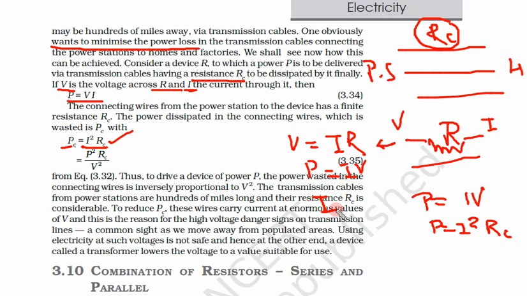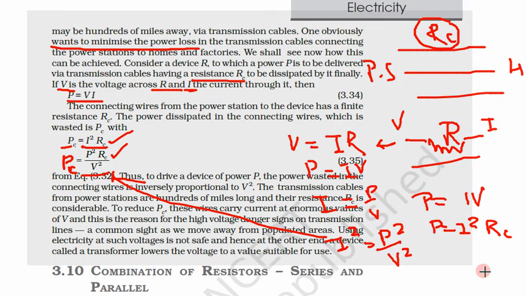Let us calculate the value of current I, that is P upon V, and I square is equal to P square upon V square. So let us put this value of I square into this equation. So PC, that means power consumed in this cable, is P square upon V square times the resistance of this cable, RC.